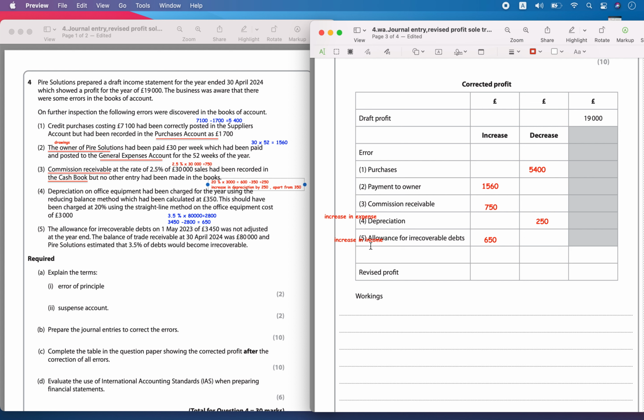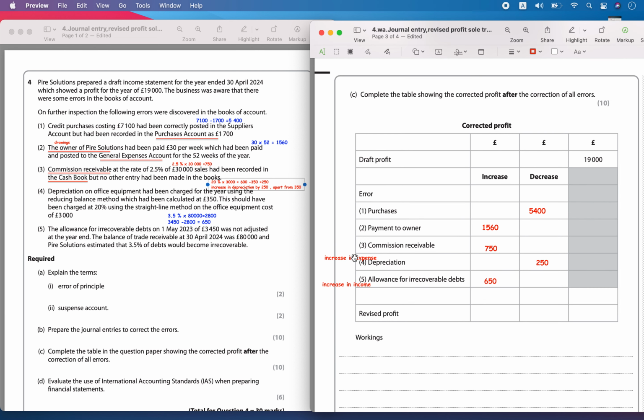And this one, commission receivable, we can say that it is an increase in income. And this payment, this is general expenses, is going to get reduced because we are going to remove that, which means there will be an increase in income.